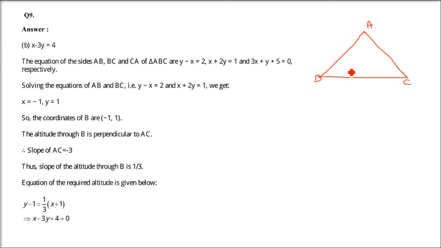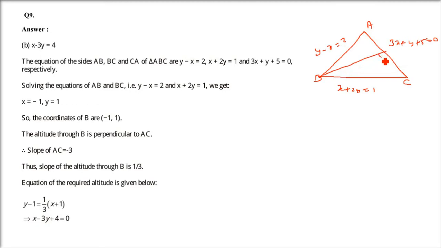So ABC is given, these vertices are given, and proper points are given. So AB is y minus x equals 2, BC is x plus 2y equals 1, and AC is 3x plus y plus 5 equals 0. All these three are given. Now what we have to do?